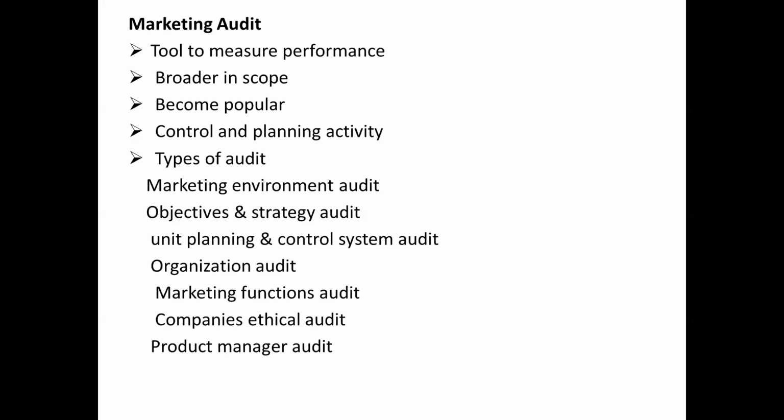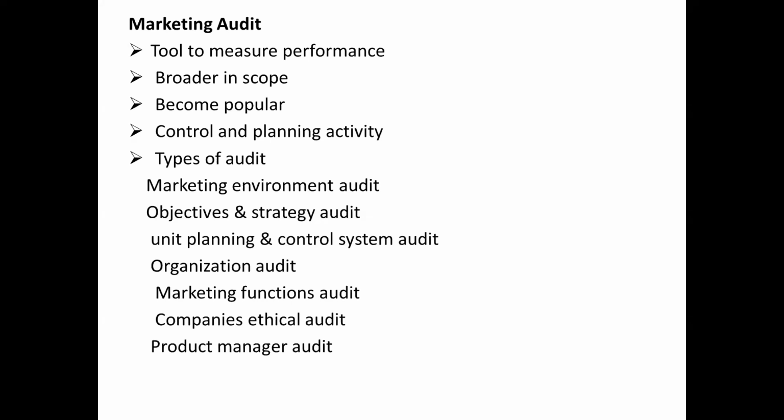The next is unit planning and control system audit. This deals with the firm's product market entry action plans and control and reappraisal procedure. Here, when the company or the organization positions and targets the product in the market, how does the product perform?